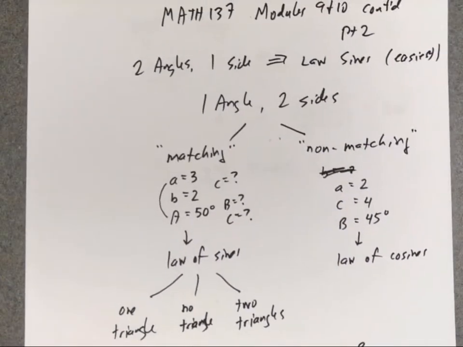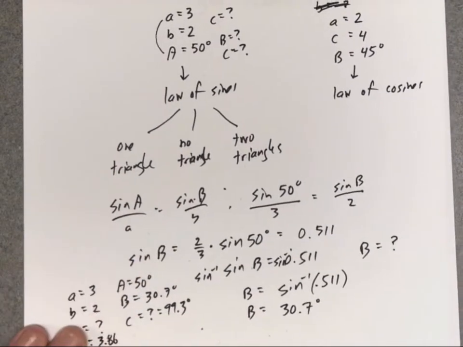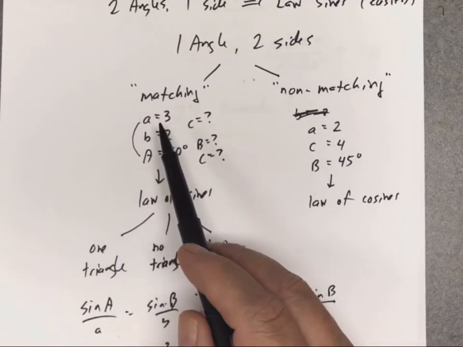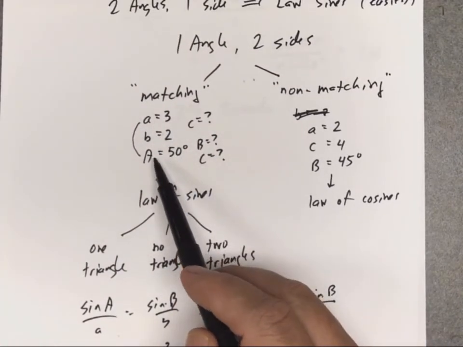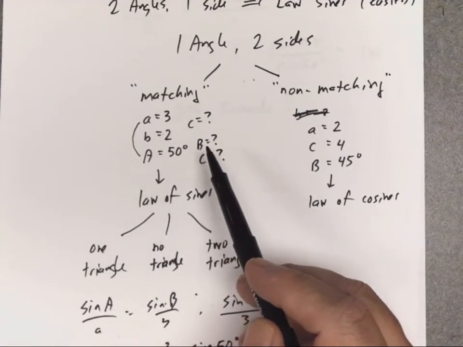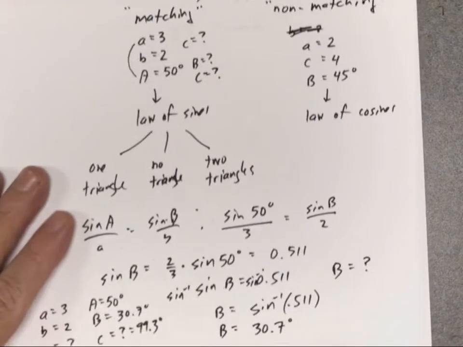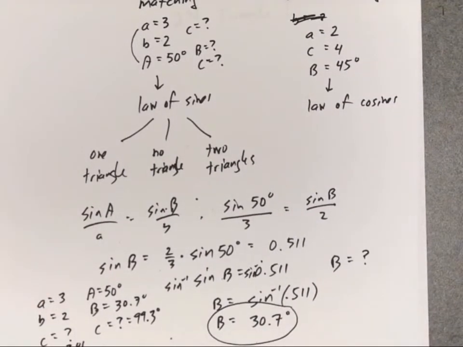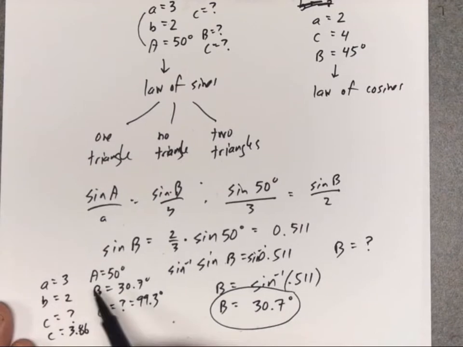Let's go back and look at what we did when we did the first triangle. Very first thing we did, because we were given side A, side B, angle A, the thing that we were able to determine right away is angle B, right? And that's the first thing we did here. And after we found angle B, we went ahead and found the rest of the triangle.